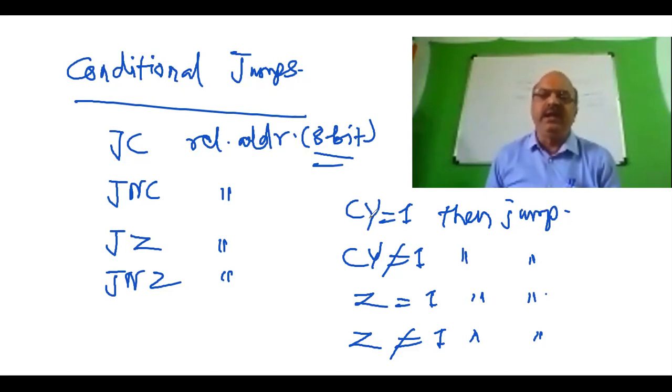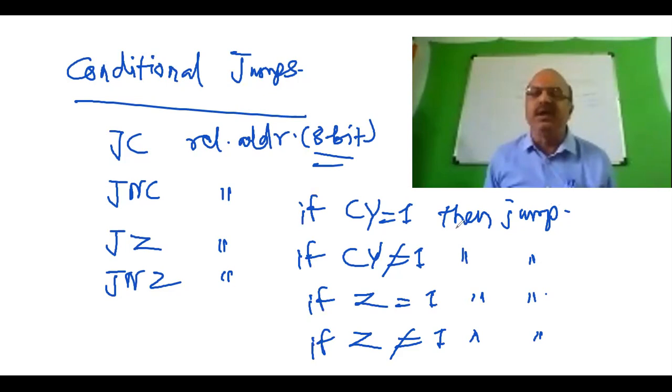We are saying that all these are "if", because in conditional jump instructions, we put some condition. If this condition occurs, then only jump. So if carry is 1, or if carry occurs, then only jump. If carry doesn't occur, then jump. If the result is 0, then jump.